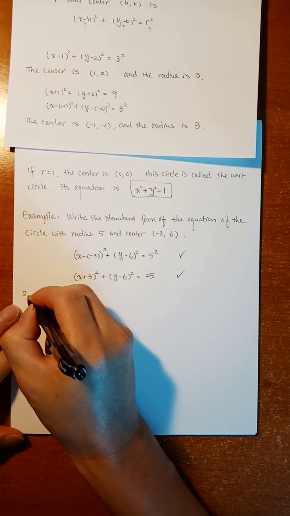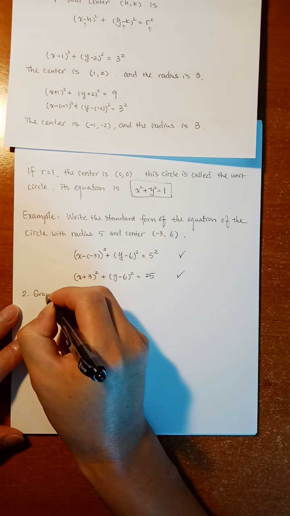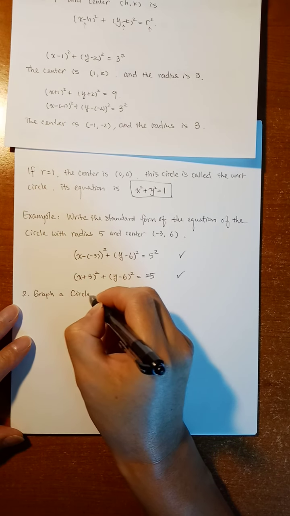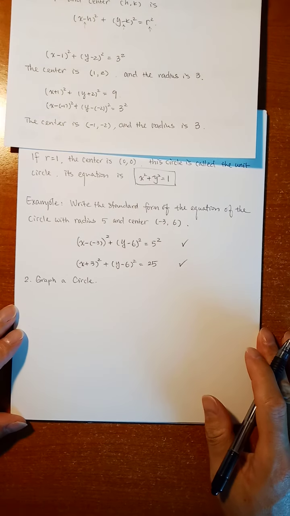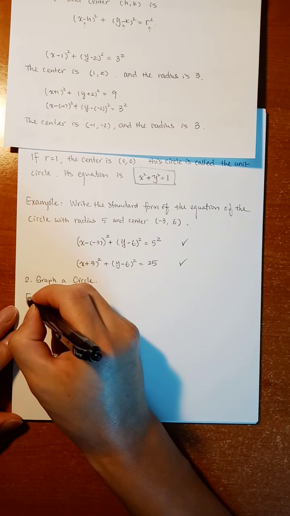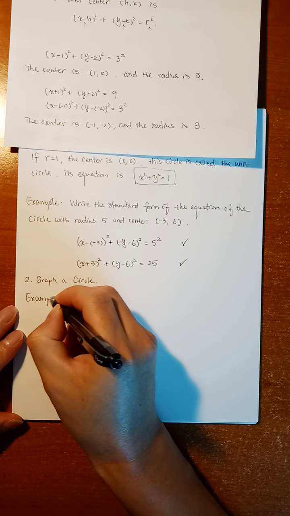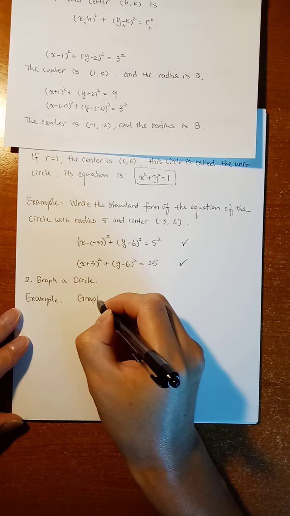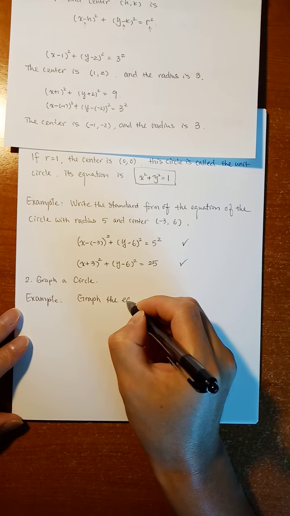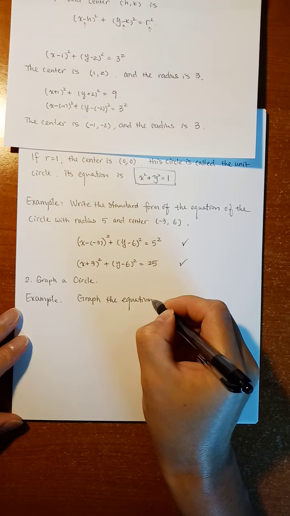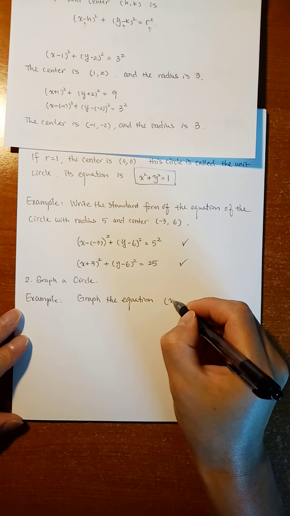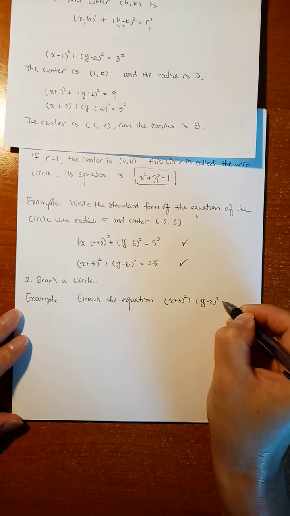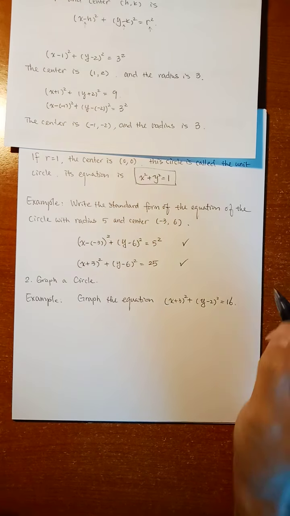Second part, graph a circle. How do we graph a circle? Let's see the example. Graph the equation x plus 3 squared plus y minus 2 squared is equal to 16.